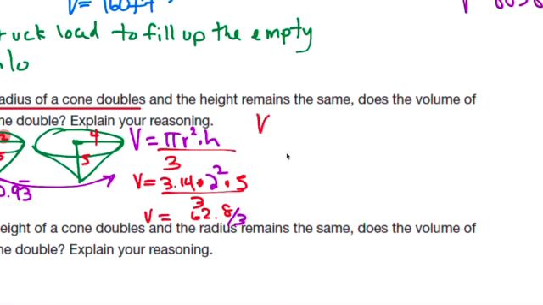Repeating, do the big cone and see what the volume is of the big cone. Same formula, volume equals to 1/3 pi r squared times height. 1 is invisible, divided by 3. So volume equals 3.14 times radius. Radius in this case is 4, squared times the height.